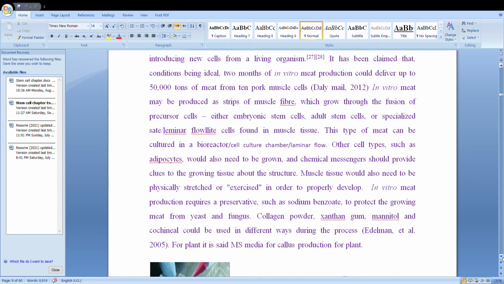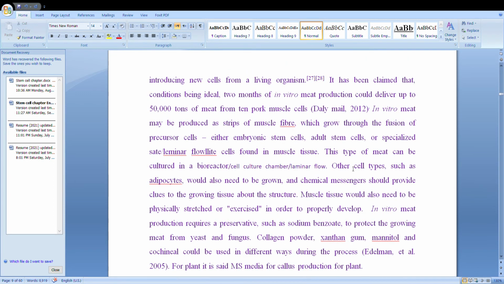This type of meat can be cultured in a bioreactor or cell culture chamber or flask. Different types of chambers we can see here. Other cell types such as adipocytes would also need to be grown, and chemical messengers should provide clues to the growing tissue about the structure.